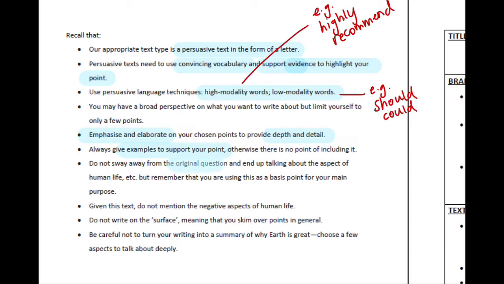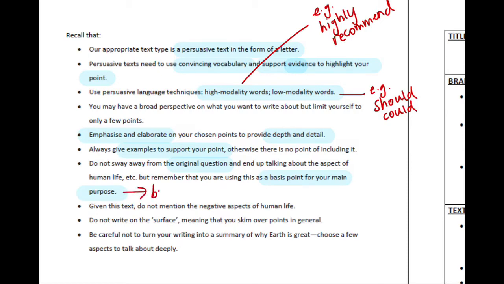So, always put in mind of the original question and talk about the aspect of human life. So this is our main focus point as well. But make sure that you are using the question as a basis point for your main purpose. So you are building up on your main point.